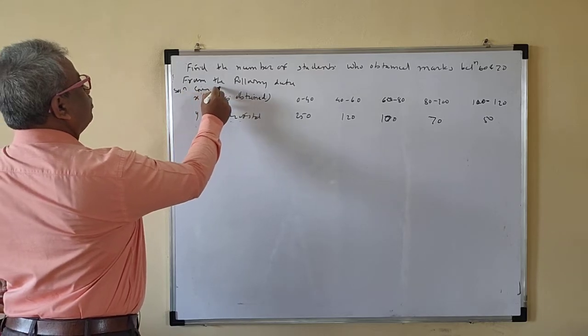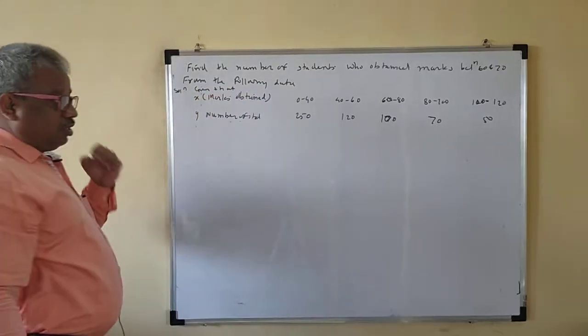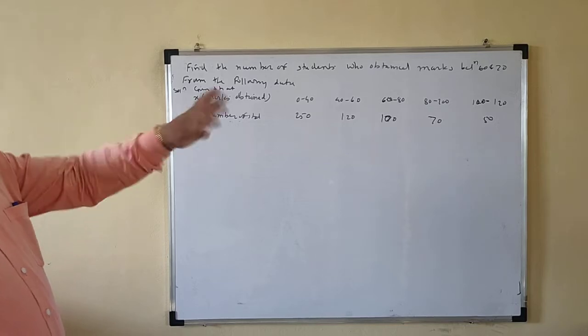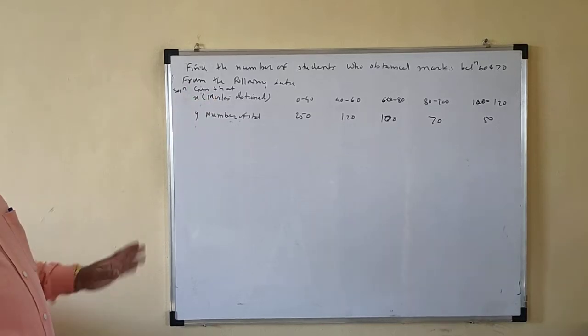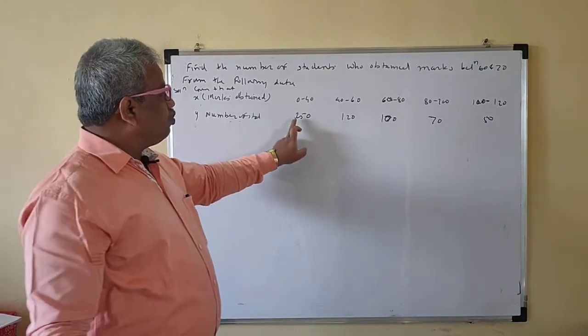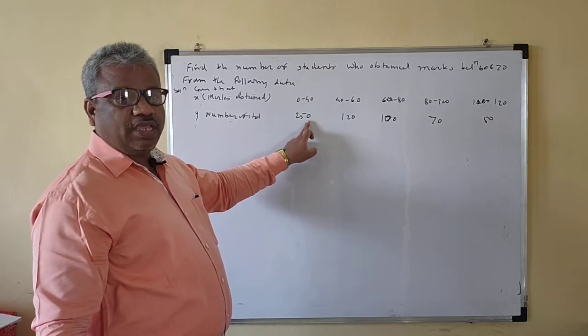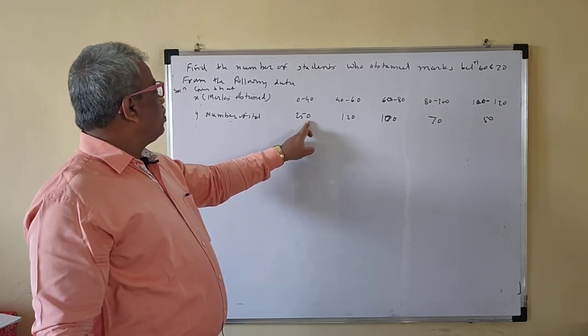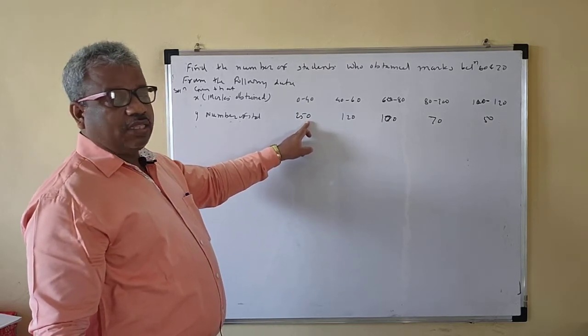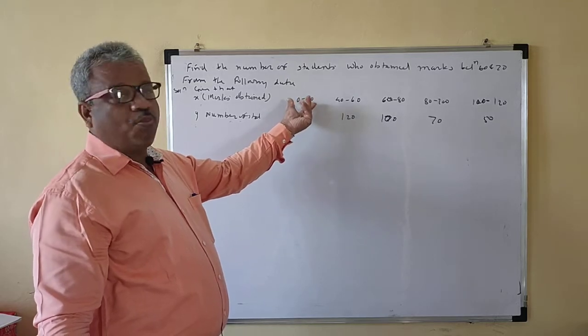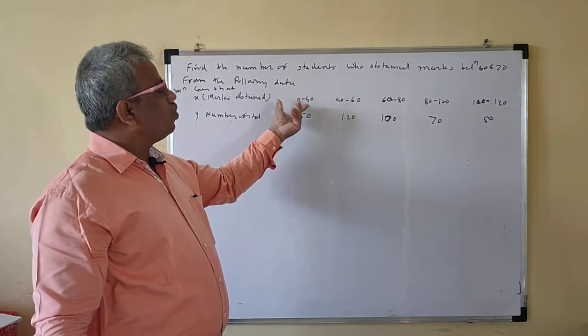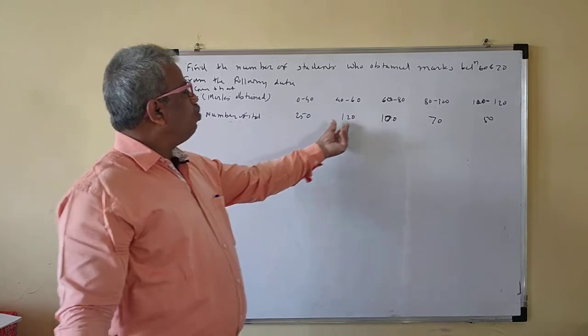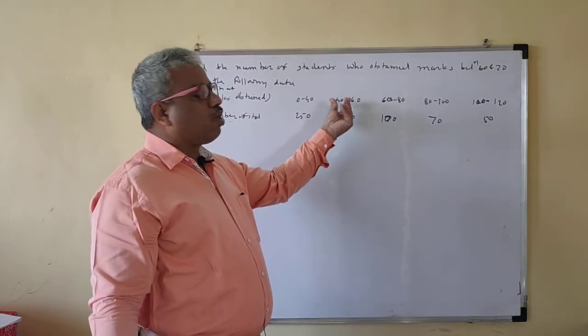This is the data provided. But see, this is the interval. That means up to this, 250 students are there. They got below 40 marks. So then 120 students they got this.